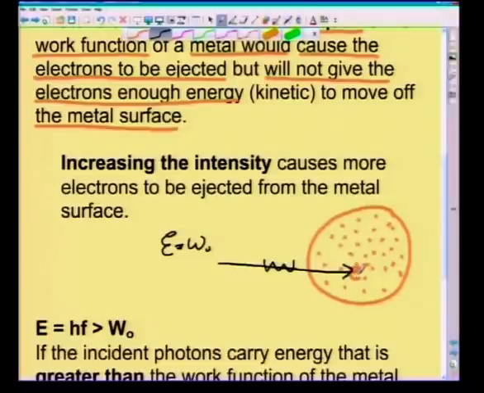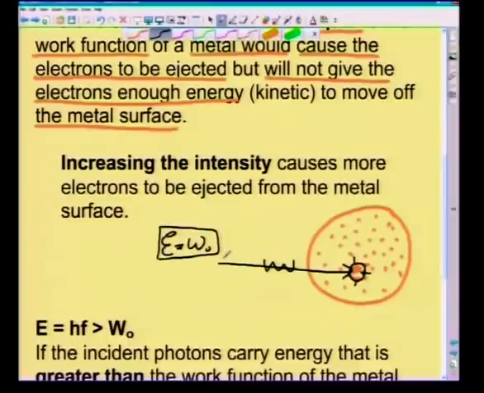So this electron is dislodged, moves maybe that way or this way, or even up and down back to where it was earlier. It doesn't move off the surface, just dislocated, and it goes back, all right? That energy has been used to just dislocate it, to just eject it, and it goes back because the energy equals the work function.